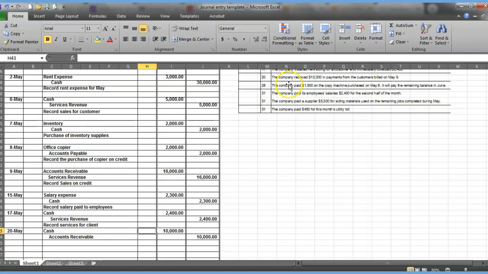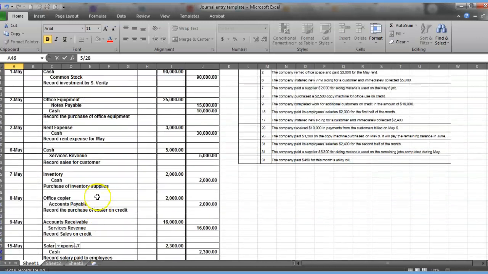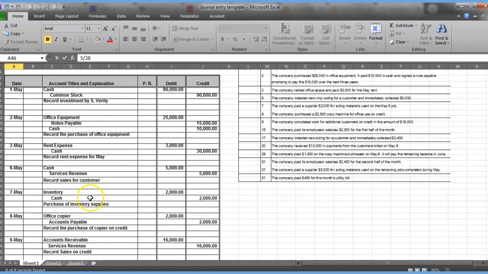All right, so now we're going to be on the 28th of May. I'm going to say record payments. On the 28th of May now, we have to record the company paid $1,500 on the copy machine. The copy machine we purchased, let's see, where is that?